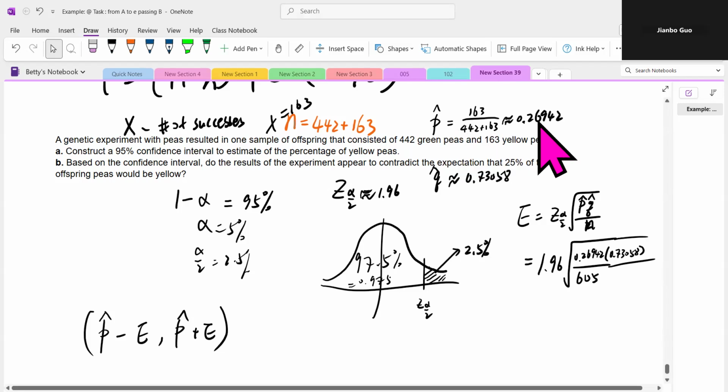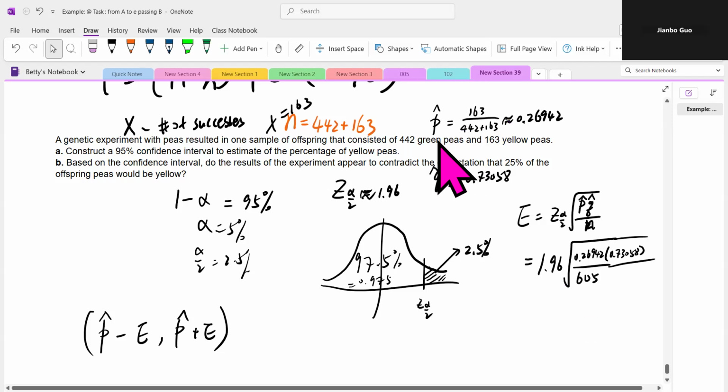Sample proportion P hat is approximately equal to 0.26942. So that's the sample proportion for the given sample with the size 605. Sample proportion is found by dividing the number of successes, 163, by the sample size, 605, right?